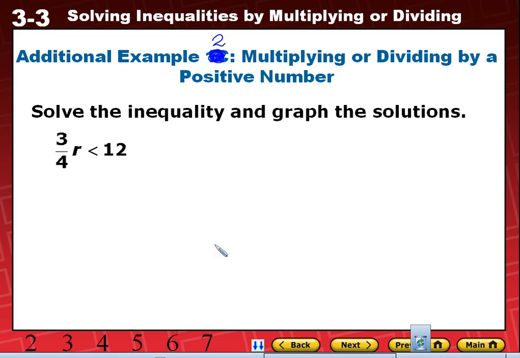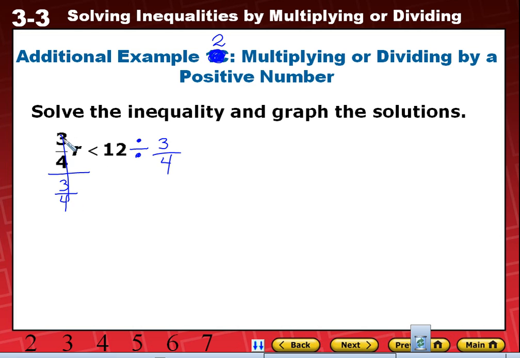Okay, let's solve that. Now, let me show you first if we do this step by step. The 3/4 is multiplying the variable r. So in order to undo the multiplication, we need to divide by 3/4. And whatever we do to one side, we do to the other side.